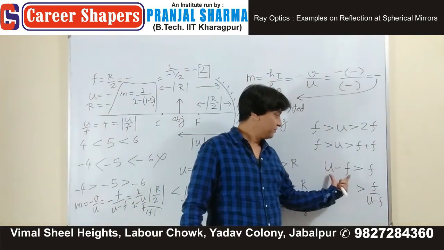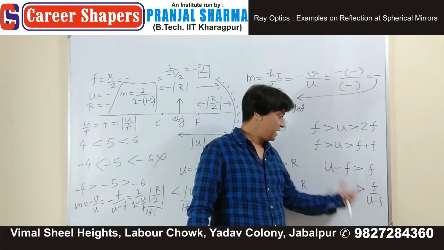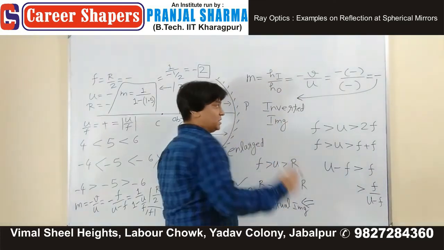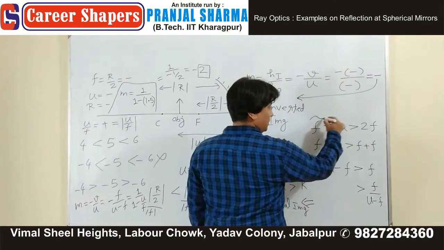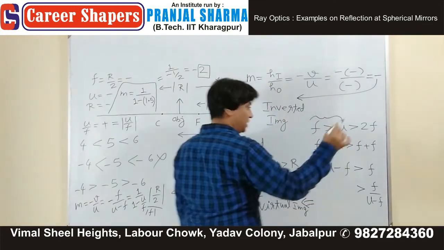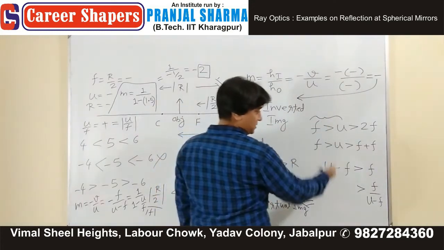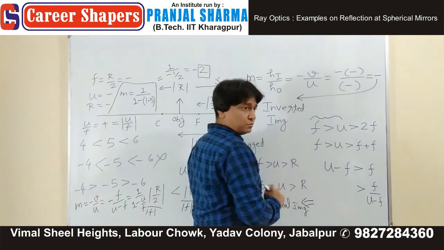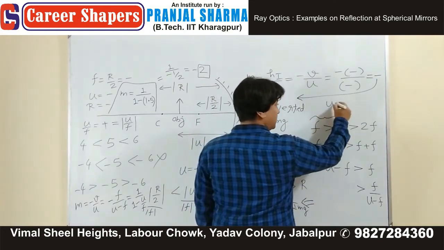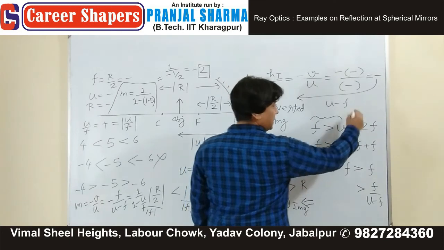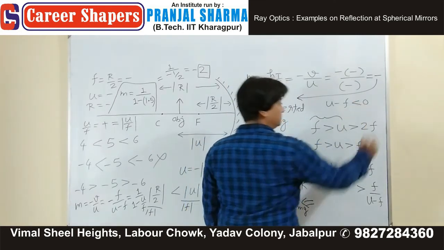If you shift this thing u minus f over here, at the same time you need to remember what? It's a bit mathematical and therefore I prefer numerical values, but if you can understand this analysis, then it is also good. f is greater than u. This tells us that u minus f is less than 0.